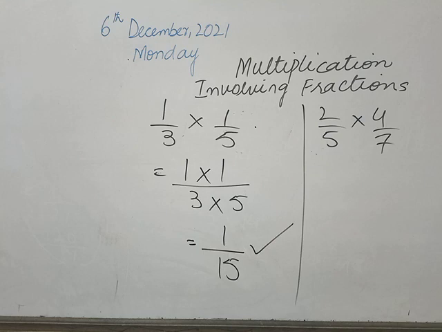And there is a sign of multiplication in between. So जब भी दो fractions हमारे पास proper होंगे, मतलब एक whole नहीं होगा, दोनों fractions होंगे और उसमें sign होगा multiplication का, so हम क्या करेंगे? We will simply multiply numerator part with the numerator and denominator with denominator.